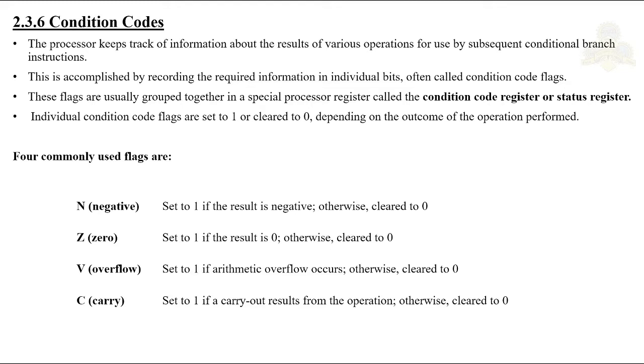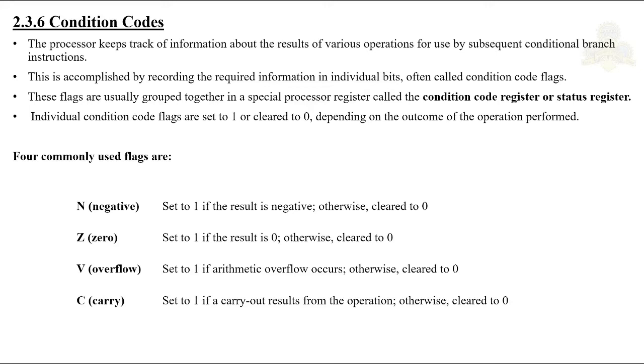These flags are grouped together in a special processor register called the status register or condition code register. The value of each flag will be set to 1 or cleared to 0. The four commonly used flags are the negative flag N, zero flag Z, overflow flag V, and carry flag C.